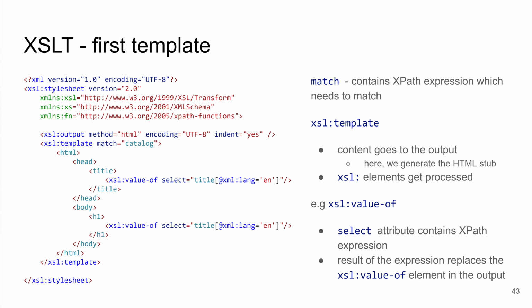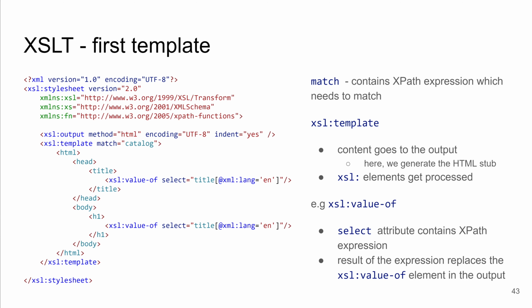And we do that using the XSL value-of function. It's an XML element with an attribute, the select, which again contains an XPath expression, the result of which gets outputted instead of the XSL value-of element. So here we are in the catalog node, because that is the node the template matched.